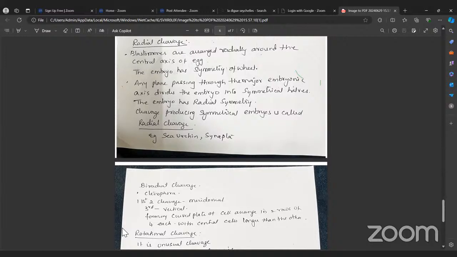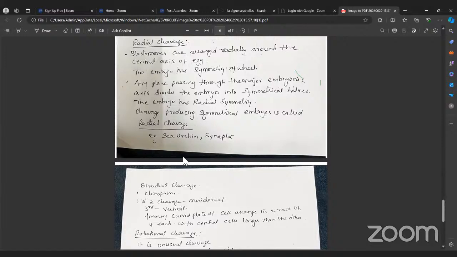It is the meridional cleavage that occurs. Then this meridional cleavage will occur first meridionally and at right angles to the other one. Just like you are cutting an apple into four pieces. First meridional, second meridional. That is vertical cleavages, two vertical cleavages at 90 degrees to each other.